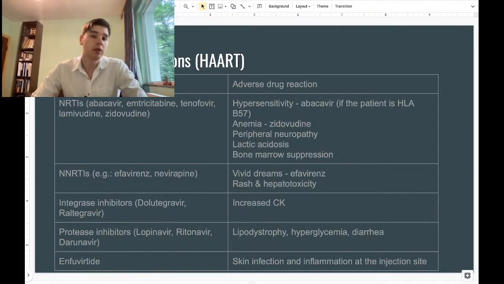The most common adverse drug reaction for integrase inhibitors is an increased CK. The protease inhibitors such as lopinavir, ritonavir, and darunavir cause lipodystrophy, hyperglycemia, and diarrhea. And enfuvirtide is responsible for causing skin infection and inflammation at the injection site.